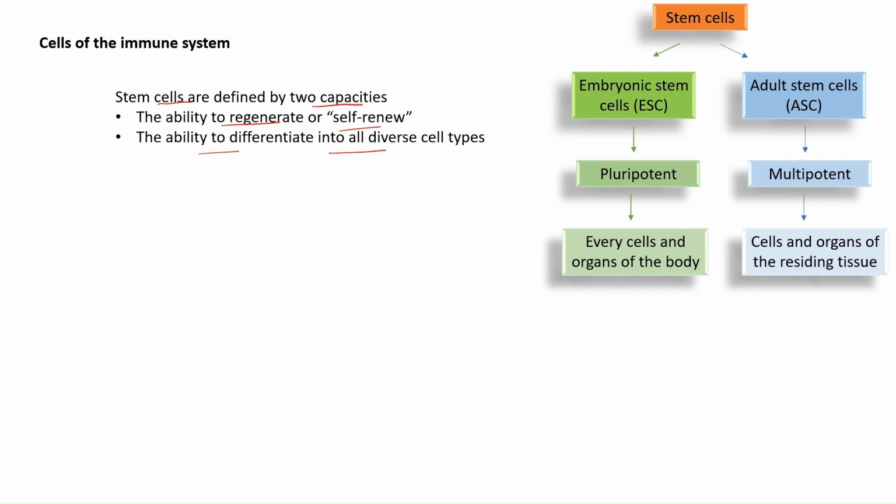For example, the adult stem cell of the brain can only give rise to the cells of the brain. Similarly, any adult stem cell can only give rise to the cells and organs where it resides, because they are multipotent, not pluripotent. Pluripotent are the embryonic stem cells, therefore they can give rise to every cell and organ of the body.